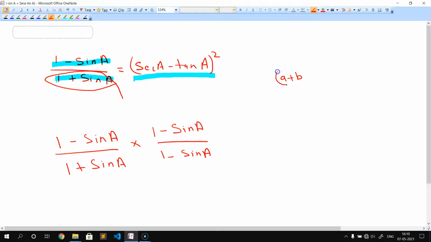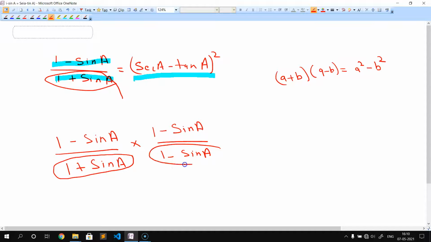If we multiply A plus B into A minus B, it becomes A square minus B square. So just like that, you can see here 1 plus sine A multiplies 1 minus sine A. So it will become 1 square minus sine A square, and it will become (1 minus sine A) whole square.